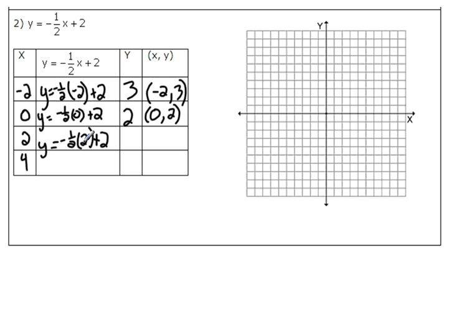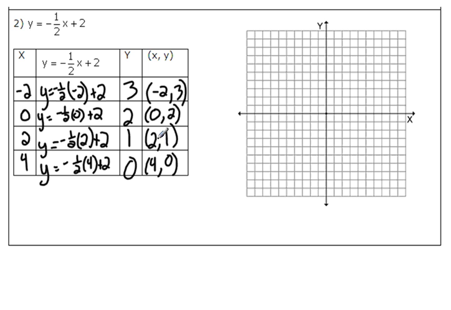So -1/2 times 2 is -1. -1 plus 2 is 1. So I get 2, 1. Now this one, y equals -1/2 times 4 plus 2. Well, -1/2 times 4 is -2. -2 plus 2 is 0. So I have 4, 0.